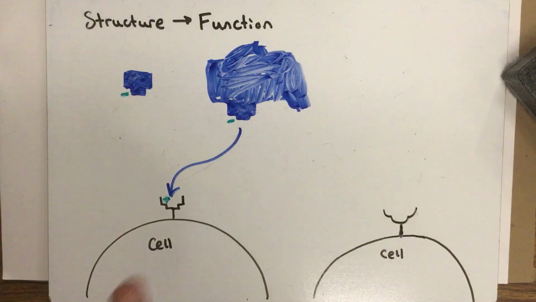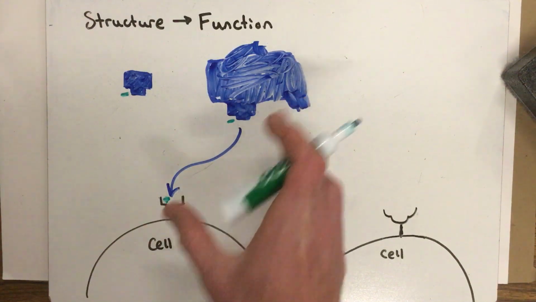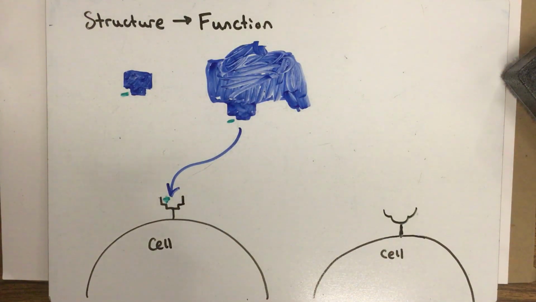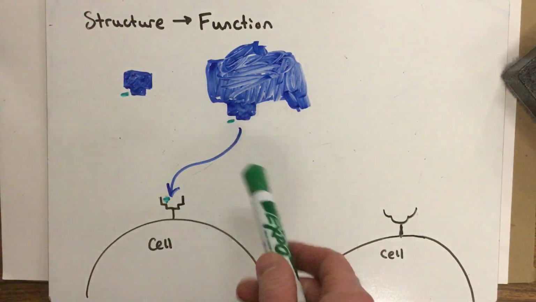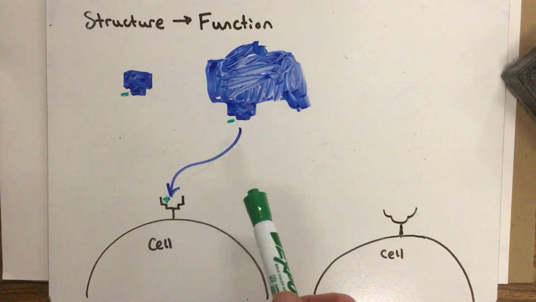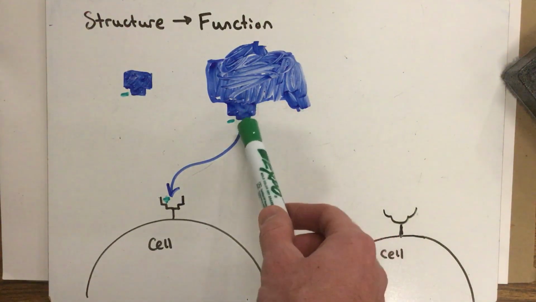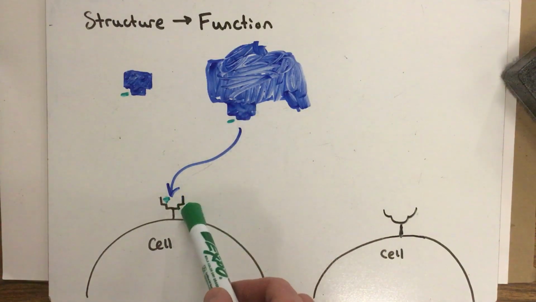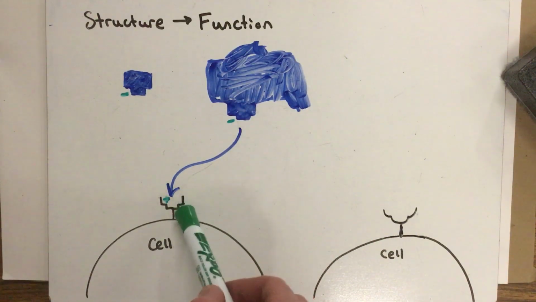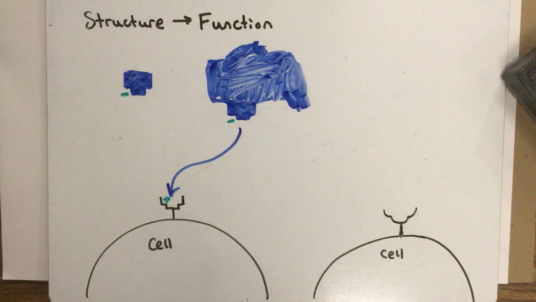So shape and charge become really important when we're talking about biological molecules interacting with each other. We have an entire unit dedicated to how molecules interact and how cells communicate with one another. So this molecule should very nicely fit into that receptor on that cell.